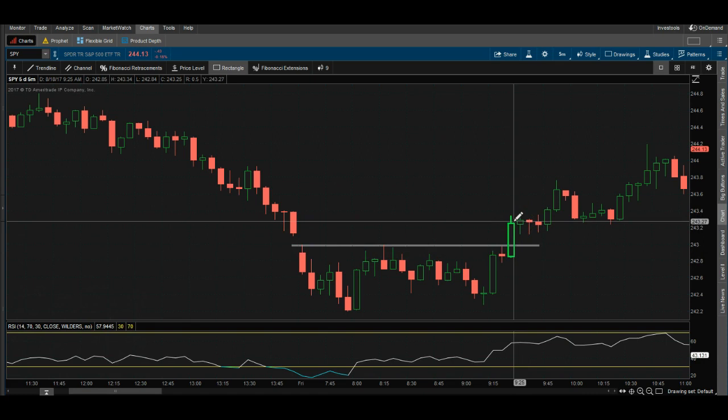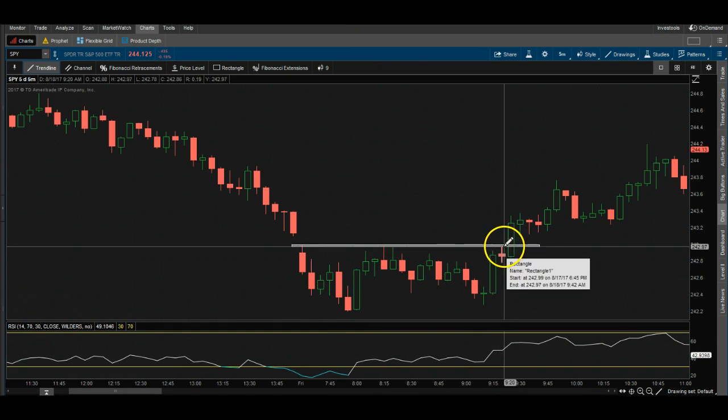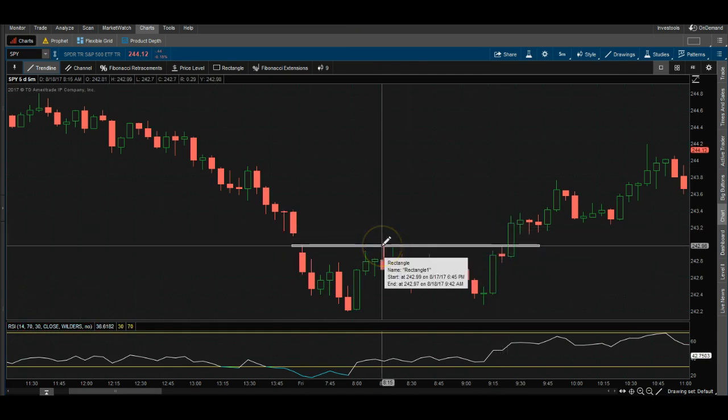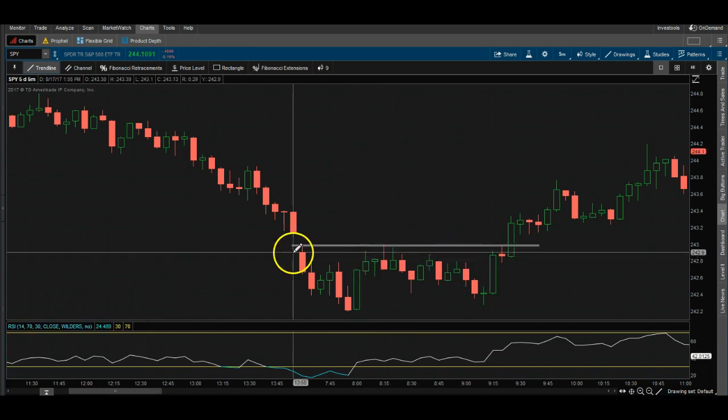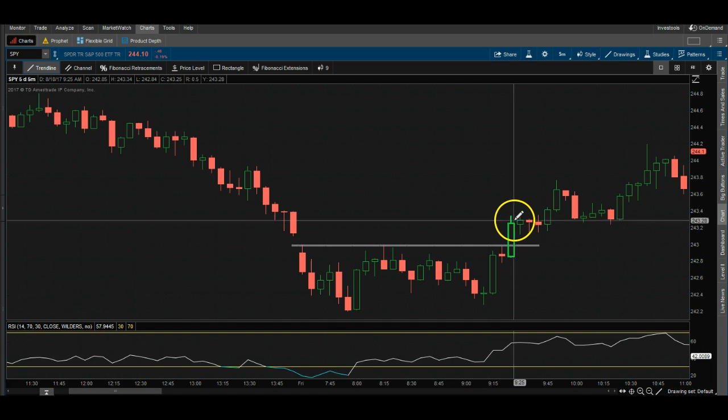Now, a couple things with breakouts when you start to follow them and trade them. The type of breakout you want is when price breaks above a price that is acting as a resistance level, like double tops, double bottoms, where it keeps banging its head up against a certain price, like it does here. 1, 2, 3, 4 times, and then on the 5th time it broke out.